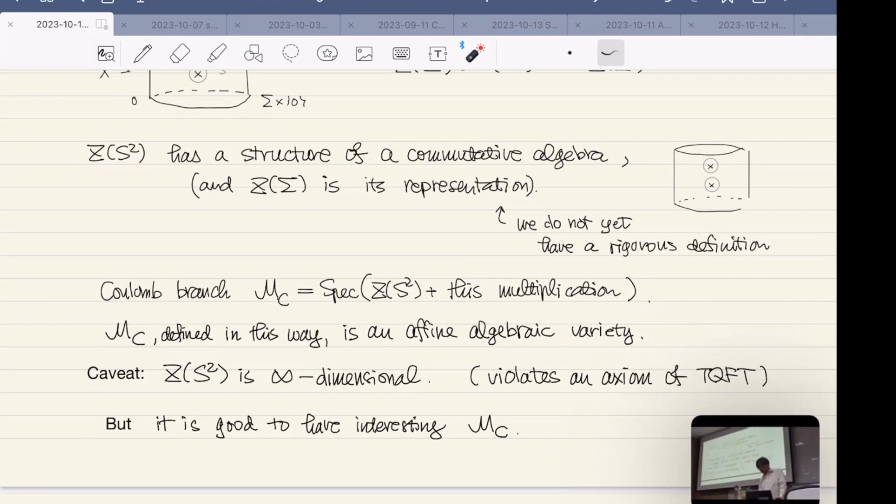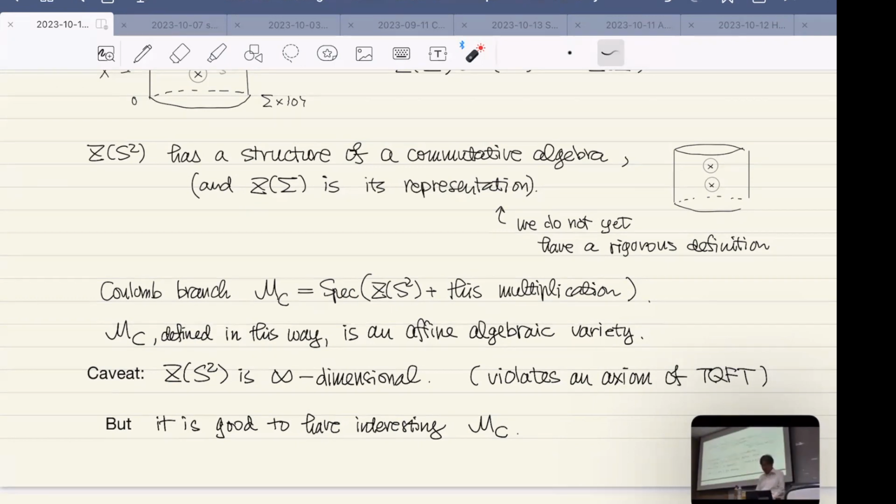But of course, once you put in the rotational symmetry, Z of sigma is not compatible with the S1 action. So you cannot expect Z of sigma to be a representation of the non-commutative deformation. But you can slightly modify the construction.